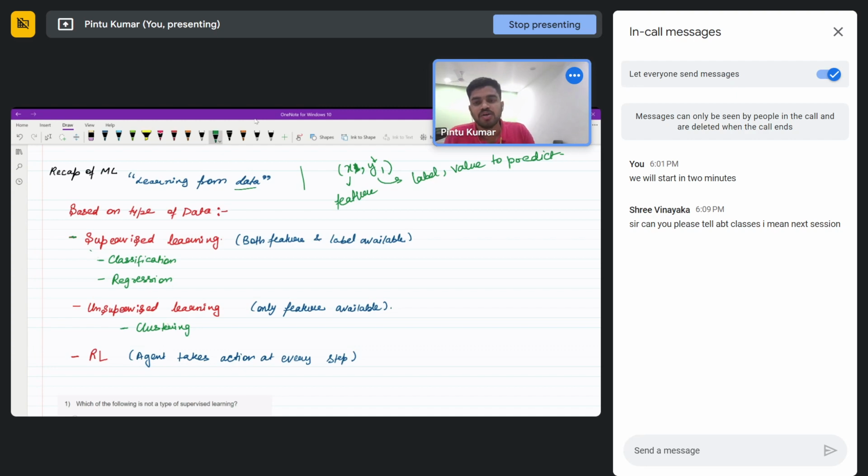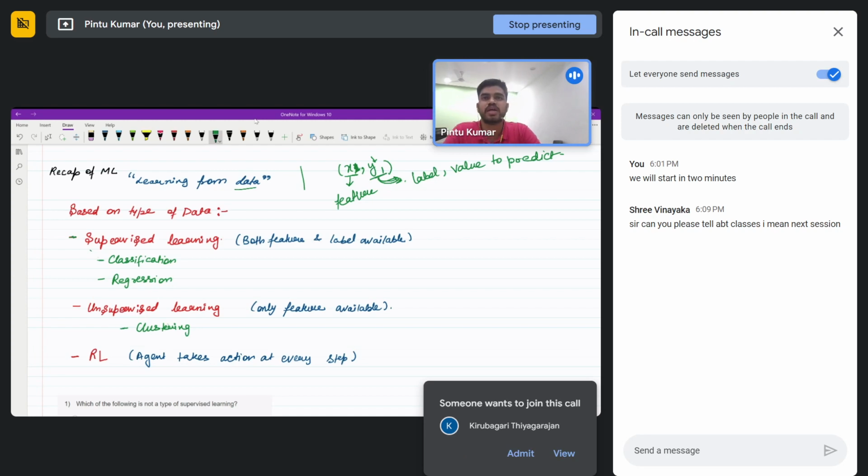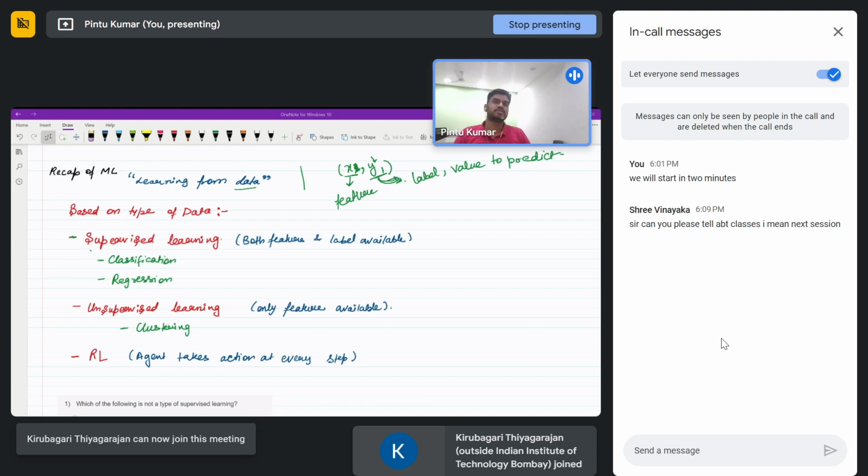Okay. So I was talking about what is supervised learning. If you have data where you are given the feature as well as the quantity that you want to predict, and you learn on this kind of data, then the setup is called supervised learning.